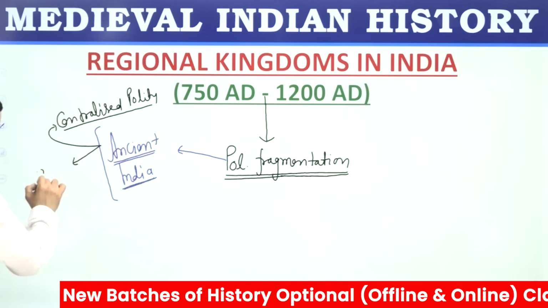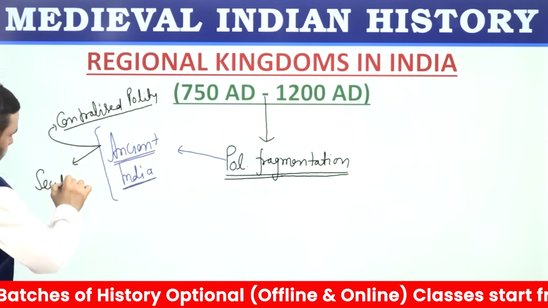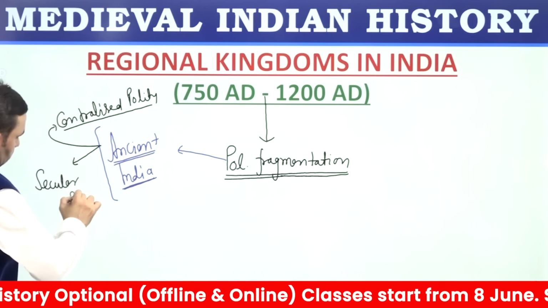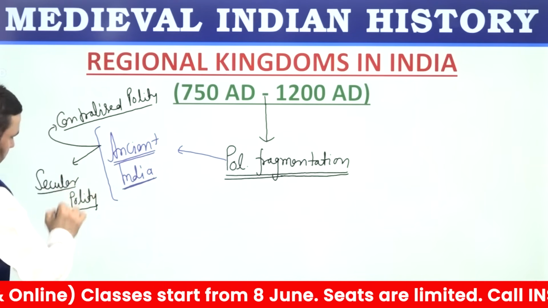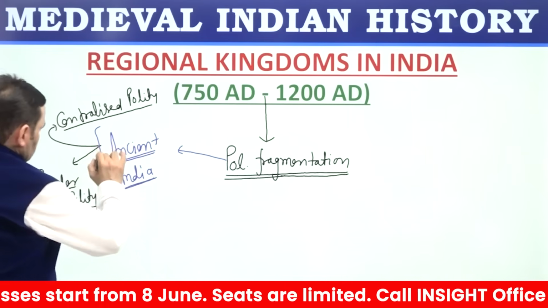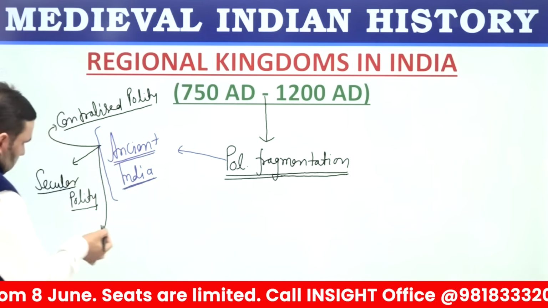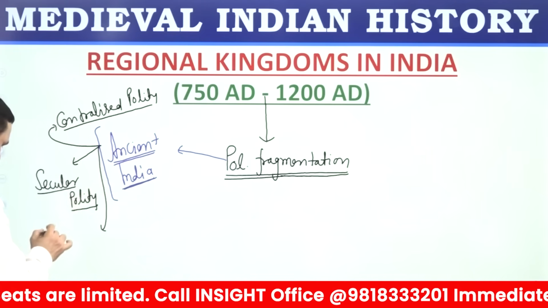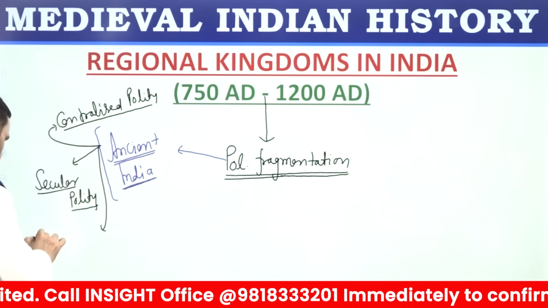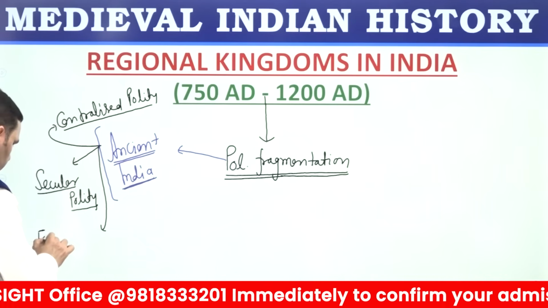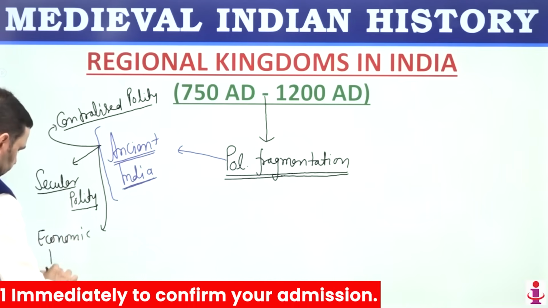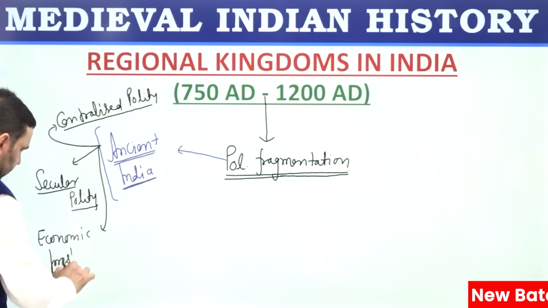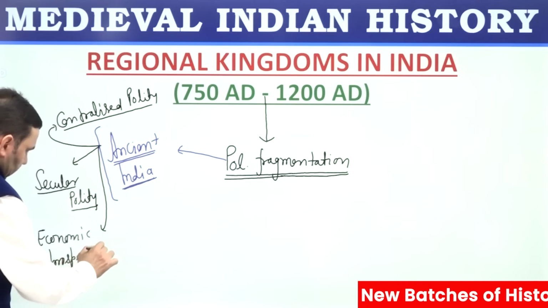There was a secular political system. It means there was no discrimination among the people on the basis of their religion. It means this was the age of a high degree of economic prosperity. Primary, secondary, tertiary activities were well developed.